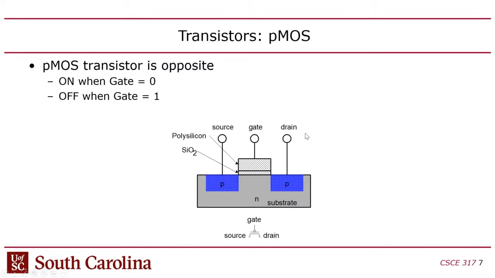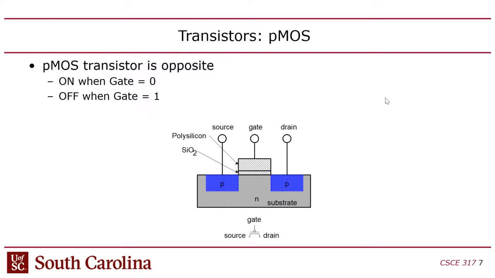Now the thing that's kind of confusing, I think, about the PMOS is that it works the opposite way, because in order to turn a PMOS transistor on, you basically ground the gate. You put the gate at logic level 0, and that will turn it on. Basically logic level 1 turns it off, logic level 0 turns it on, right?